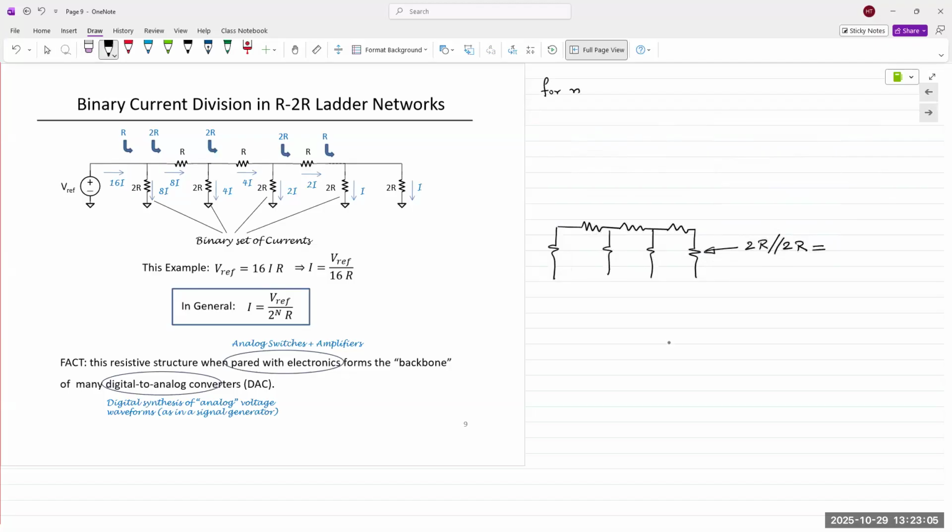For N resistors in parallel, all with the same value R, the total Req is R divided by N. Doesn't matter how many you have in parallel.